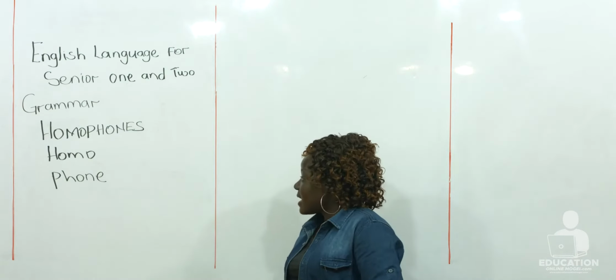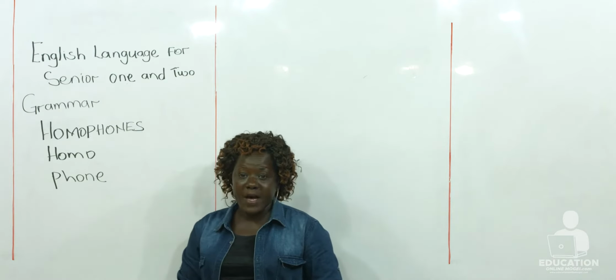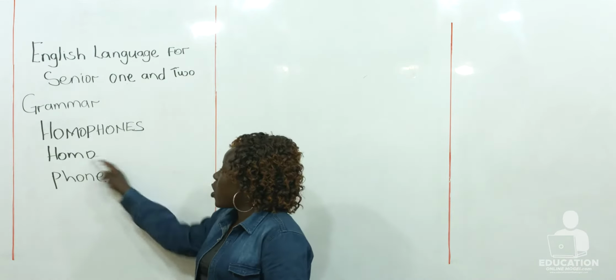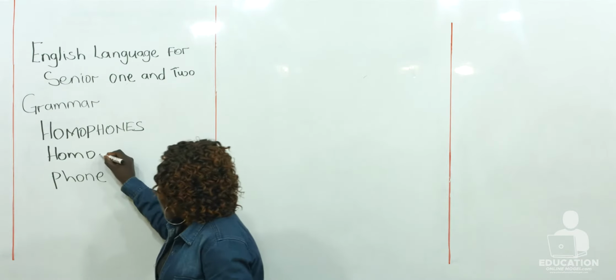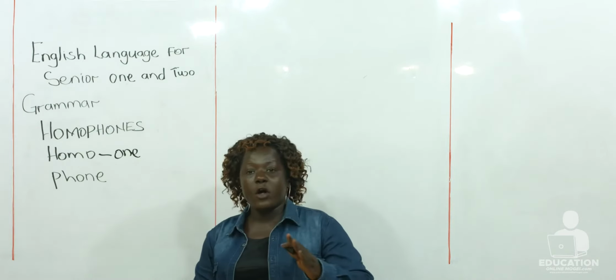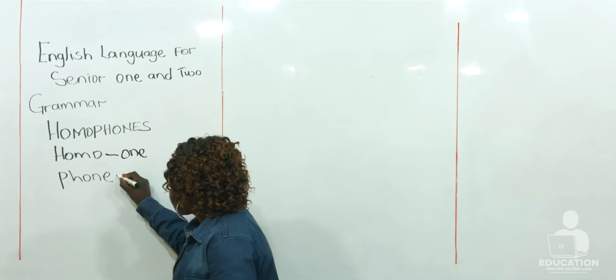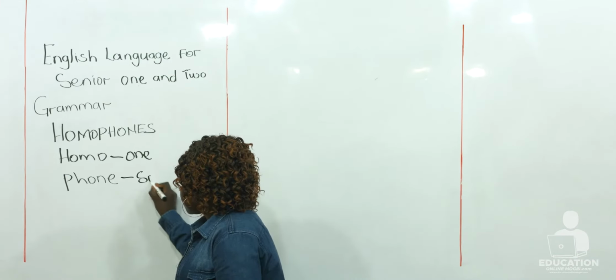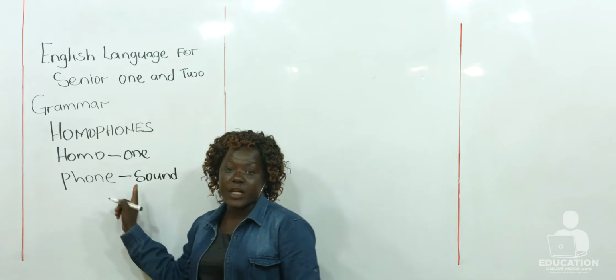What is the dictionary meaning or the layman meaning of the word homo? Homo just means one, and phone means the study of sounds. Phone is connected to sound.